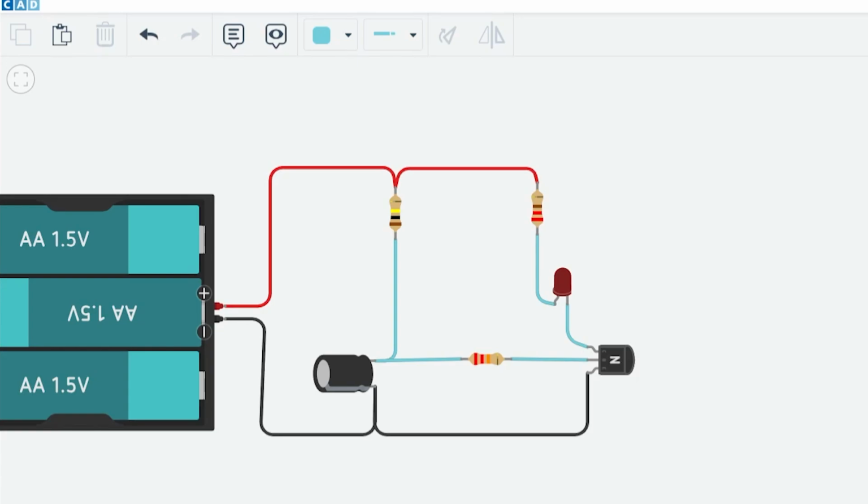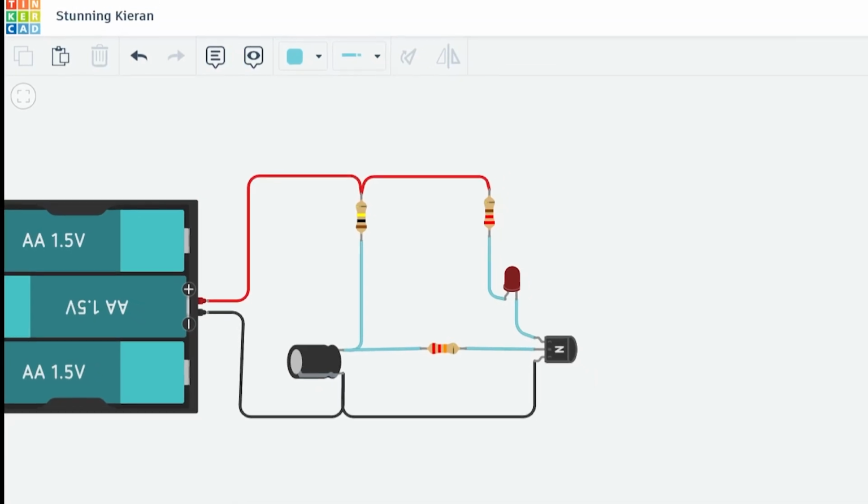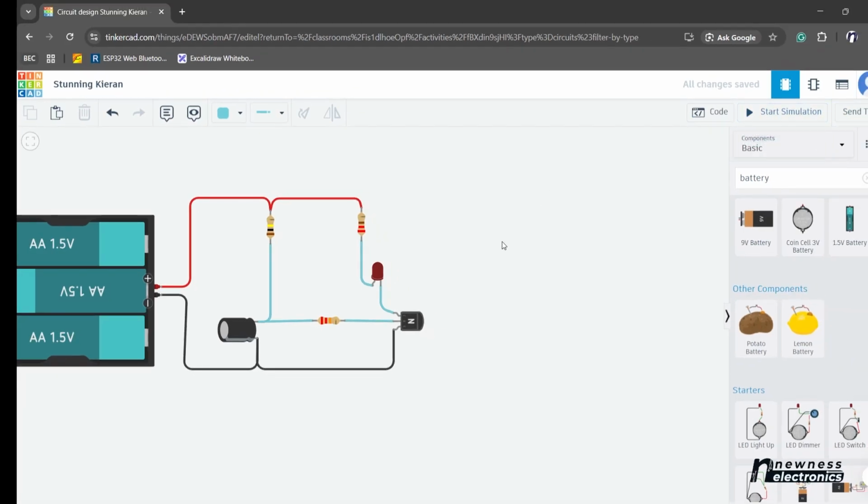Now the expected behavior of this simulation is that this LED should first be off, then it will turn on after some time. Let's see if that is correct.